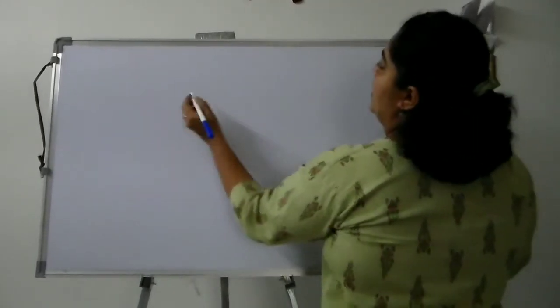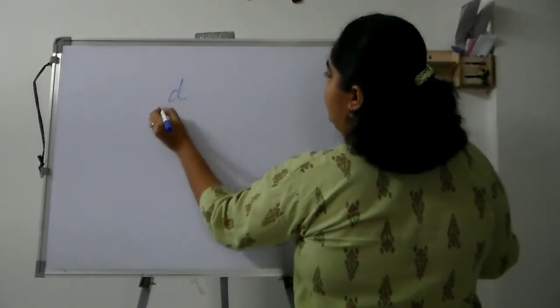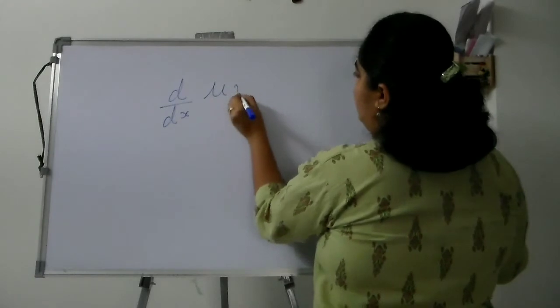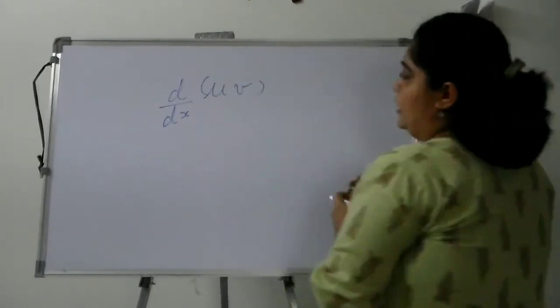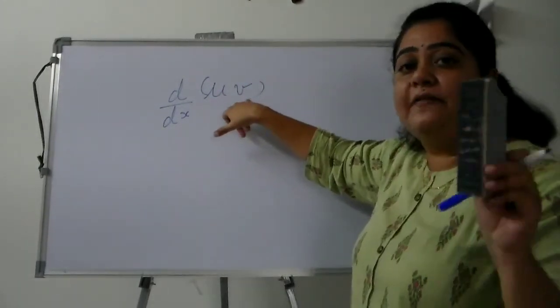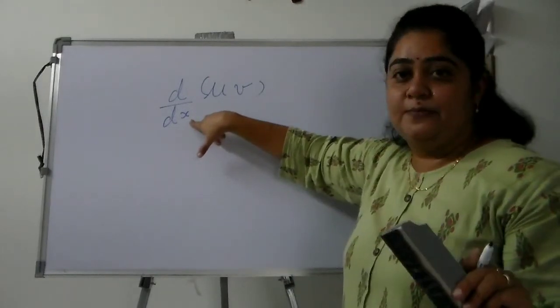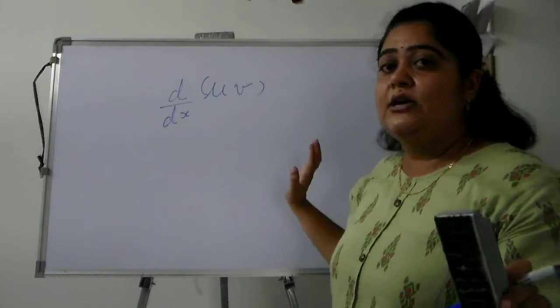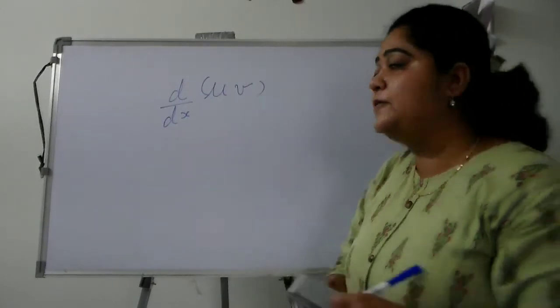Now taking one more example. For example, I want to do d by dx of u into v. Remember, u and v are the variables dependent upon x. Both are variables, so there is nothing constant. So how do we differentiate this kind of thing?